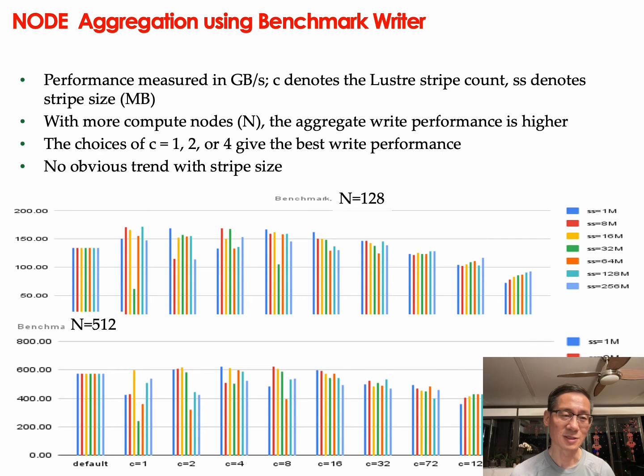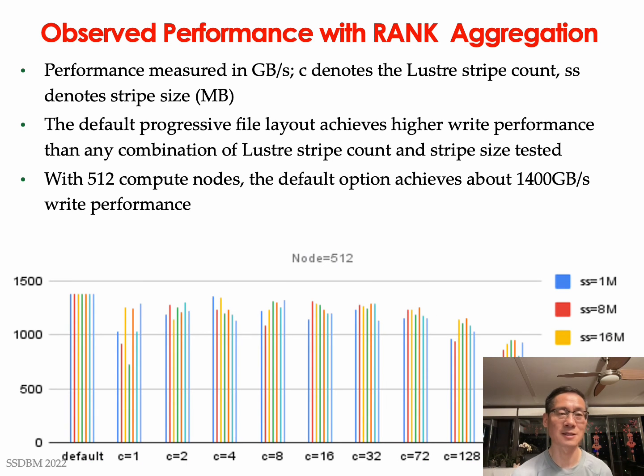What we see here is, in general, with the node aggregation, it's possible to set some combination of stripe size and stripe count so that the performance is better than the default. However, we don't seem to have a good handle on what exactly the values of stripe count and stripe size to use are. So further exploration is needed in this case.